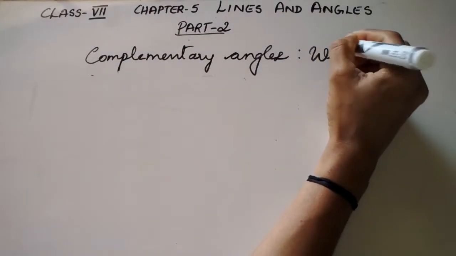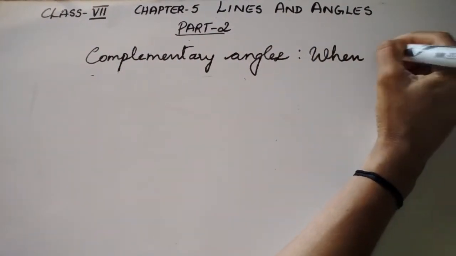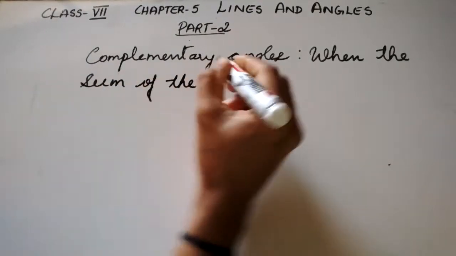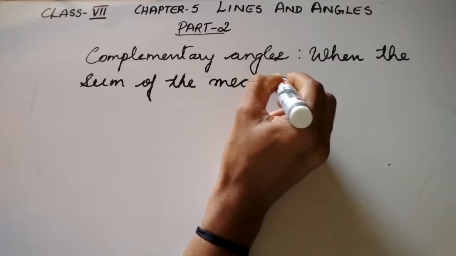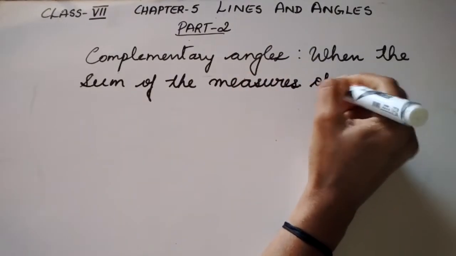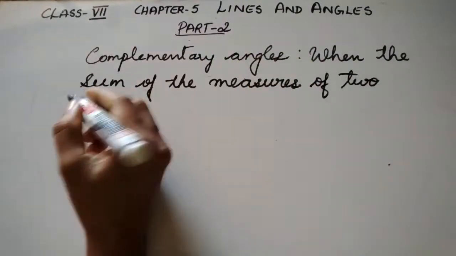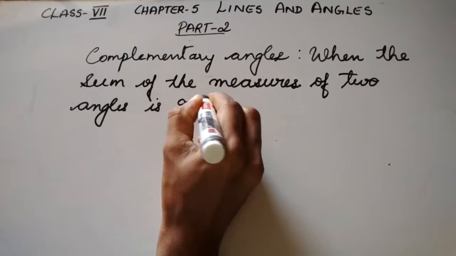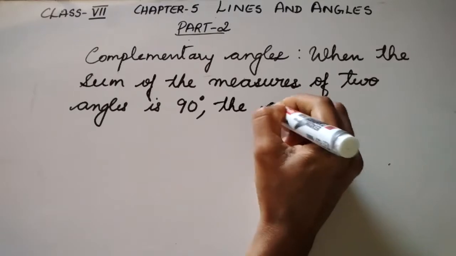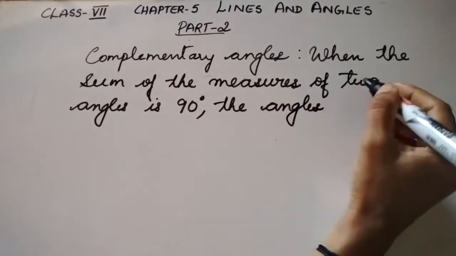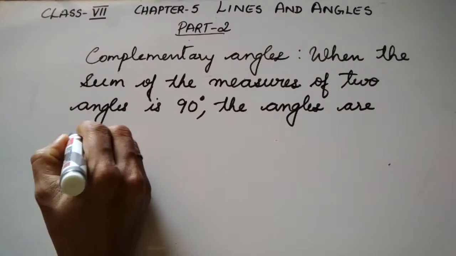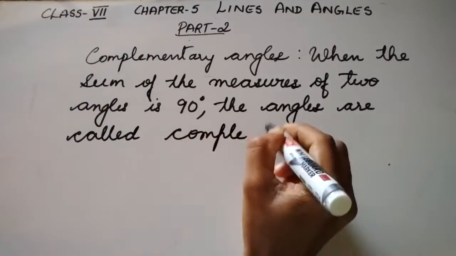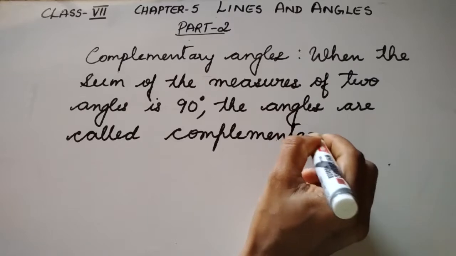When the sum of the measures of two angles is 90 degree, the angles are called complementary.